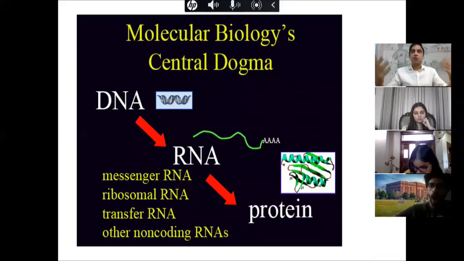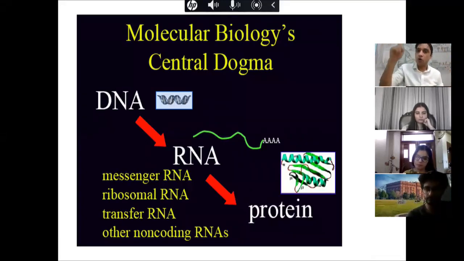DNA can choose whether I need to express that gene or not. That is the first level of regulation. This is called transcriptional regulation, or regulation at the transcriptional level.